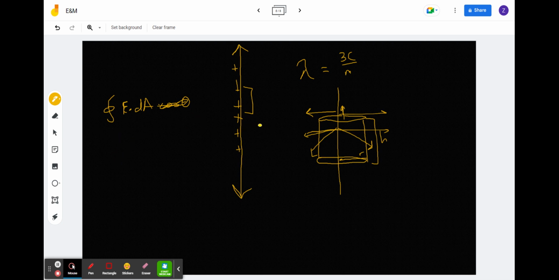Because it's a cylinder and it's a constant distance away from the line, we can pull the E out of the integral because it's a constant. So we're then left with the closed integral of dA. What that just means is E times the total surface area of the cylinder, minus the top and bottom. And those of you who know geometry will know that this is equal to E times 2 pi r h.